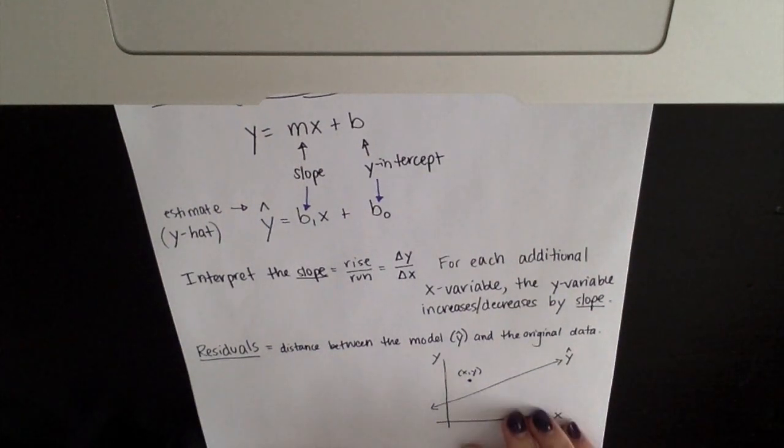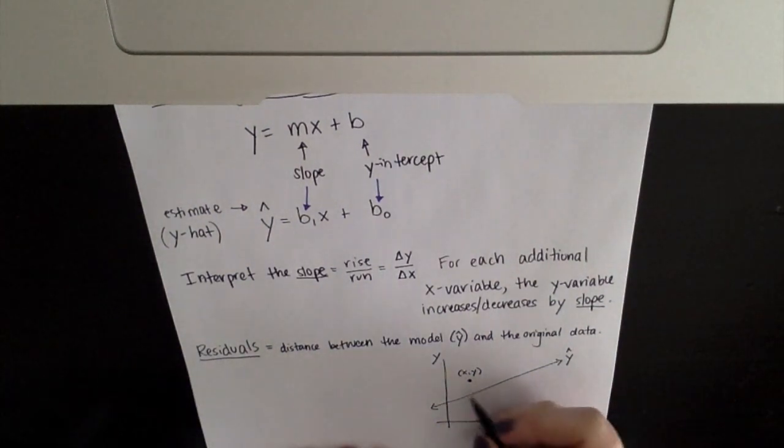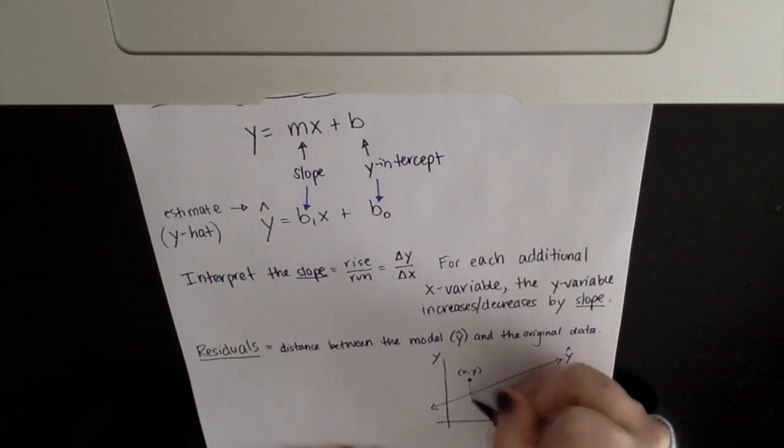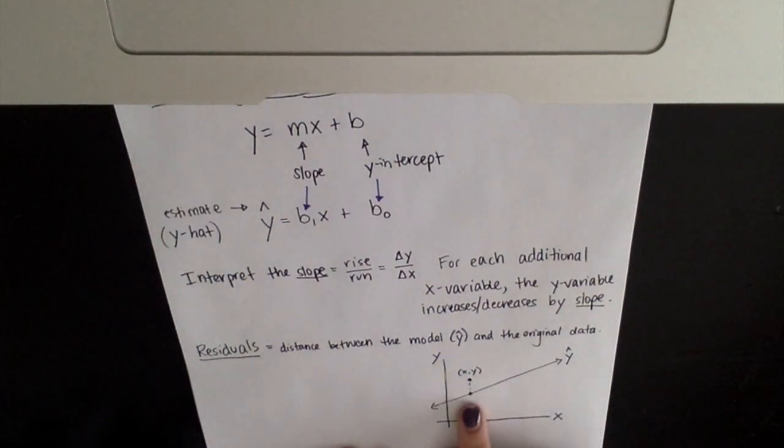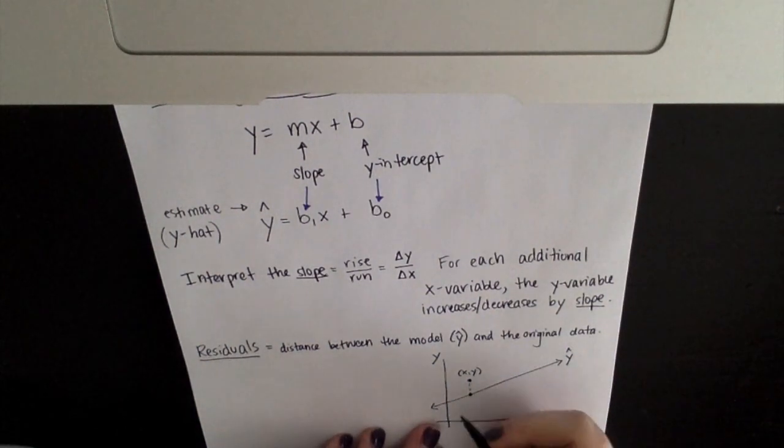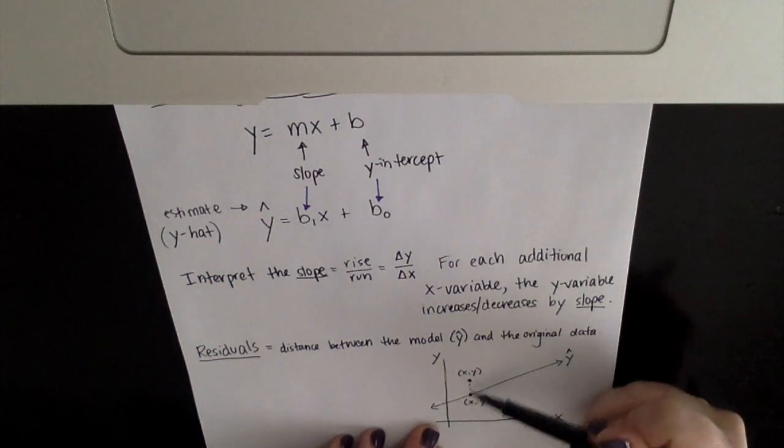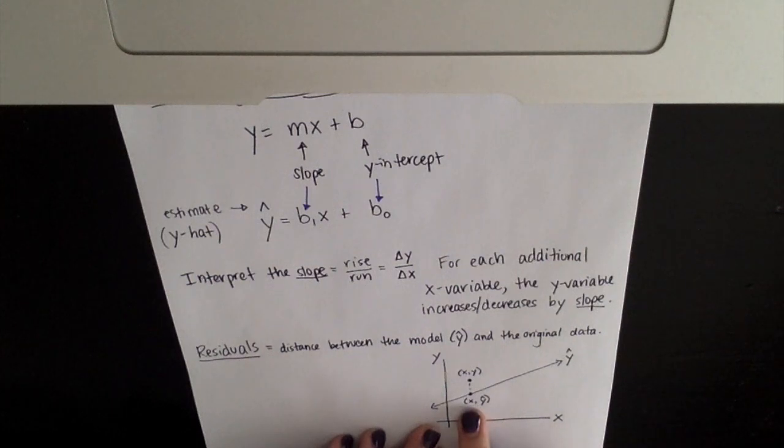And if we drop a vertical line down to this actual y hat, we have another point, x comma y hat, right? I never changed x, I just used the same x value, and I'm calculating the estimate at that same point, okay? So we've got two different y values.